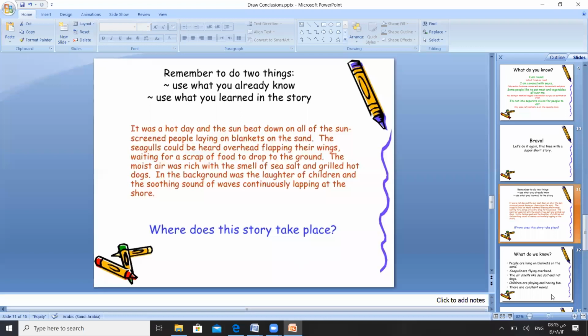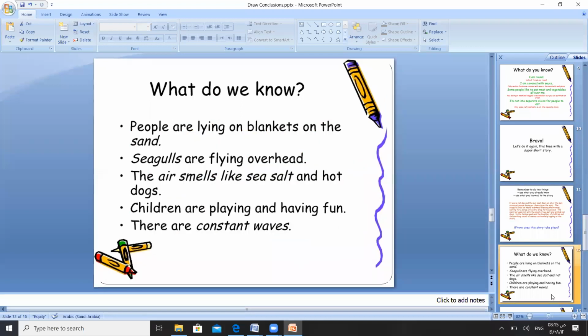People are laying on a blanket on the sand. Seagulls are flying overhead. This is what we have in the text. The air smells like sea salt and hot dogs. Children are playing and having fun. We have also constant waves.